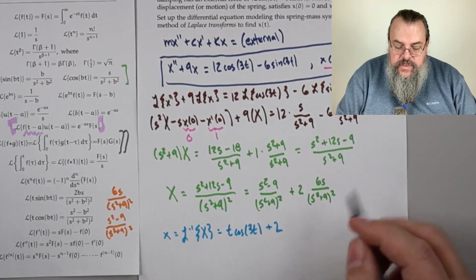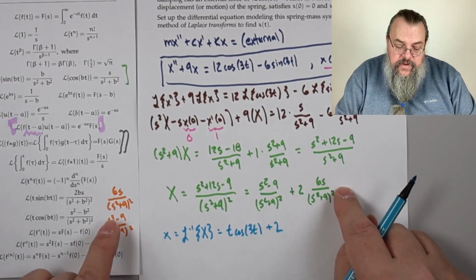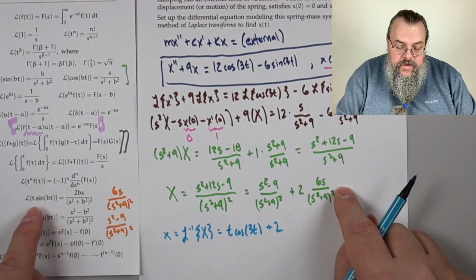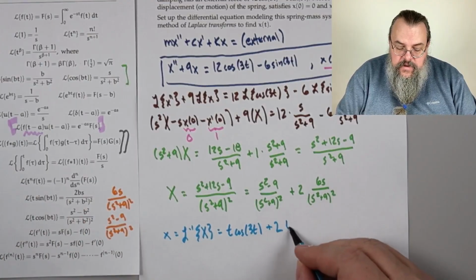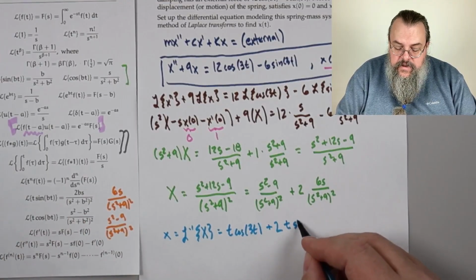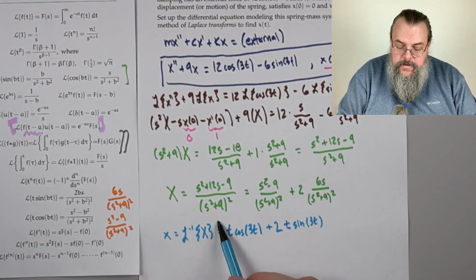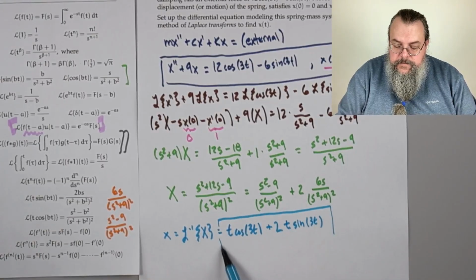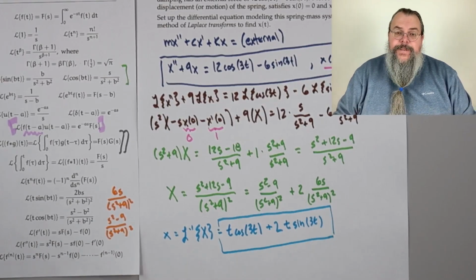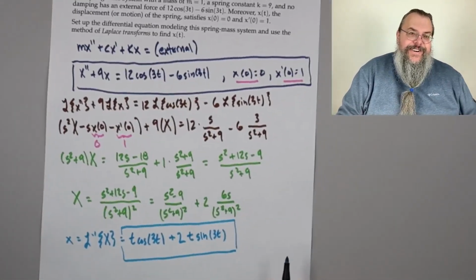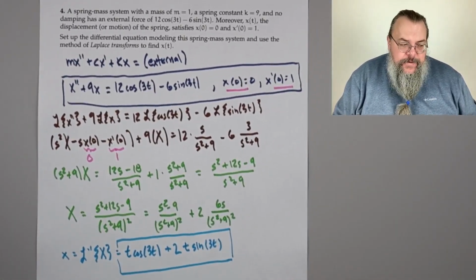The 2 is a constant. Inverse Laplace of 6s over s squared plus 9 squared is t sine 3t. And we're done. Nice! Oh, it came out to be a beautiful answer.